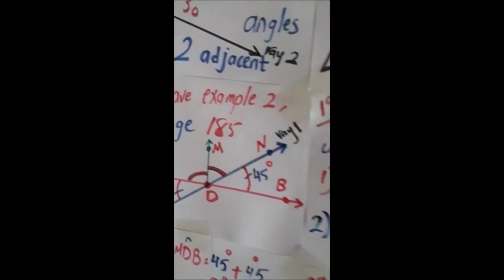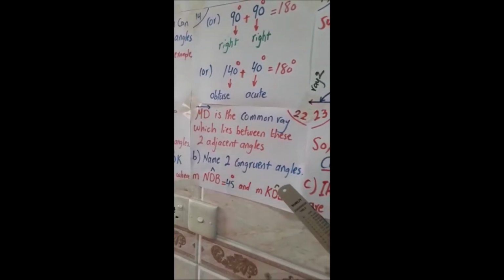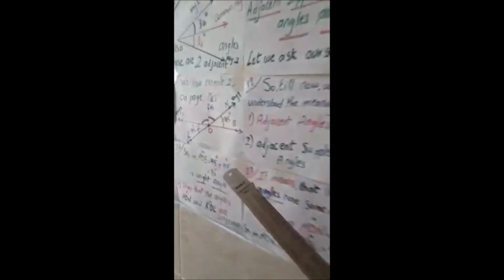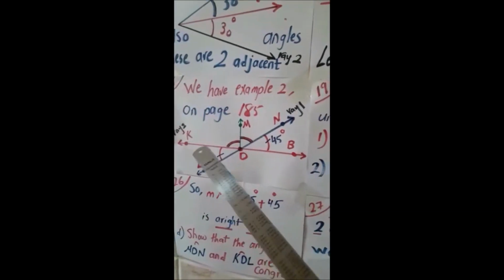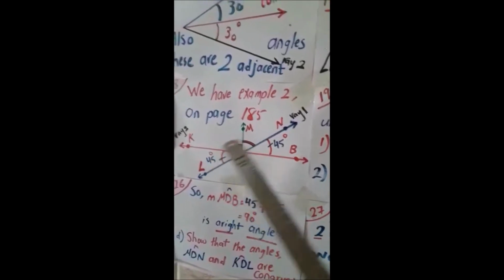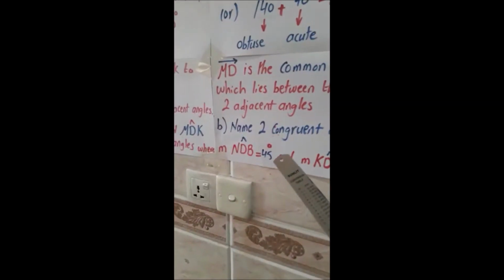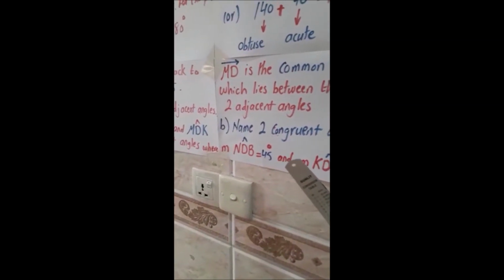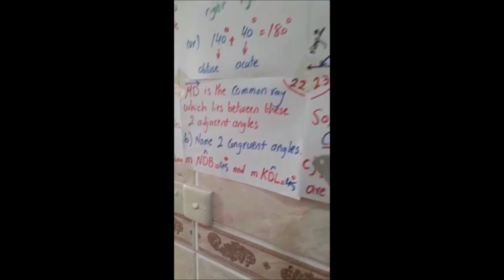So here we will continue. Question B: name two congruent angles. In our graph, we have NDB and KDL, and both of them have the same measure, 45. It is written in question B: the measure of angle NDB equals 45 and the measure of angle KDL equals 45.